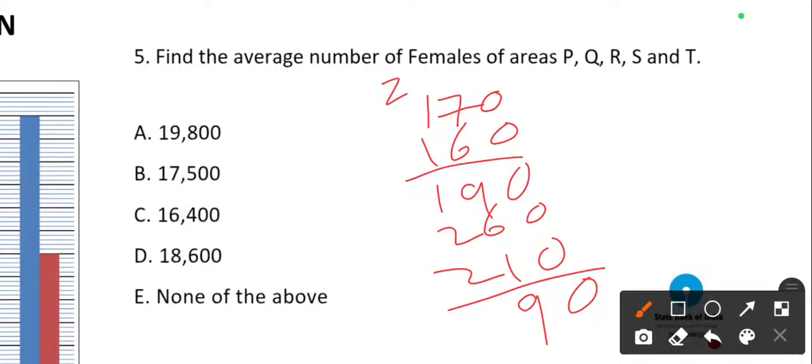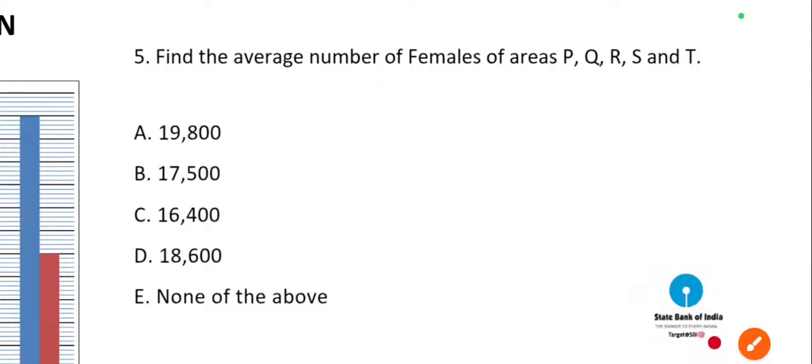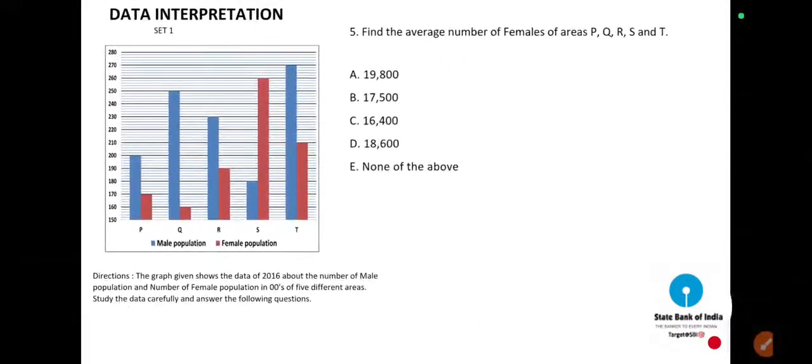So 4, 6 plus 3, 9, 990 divided by 5 in total. 5 twos are 10, 9 twos are 18, so 198, and we have double zeros. Answer will be 198 with double zeros. Option A. Okay, by this we have completed today's session.